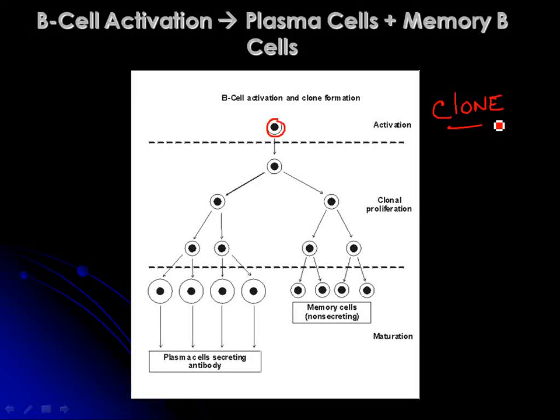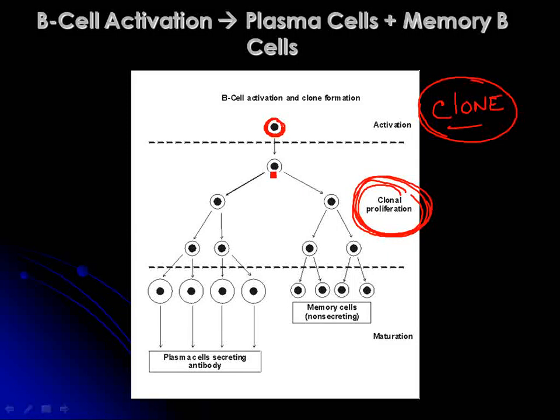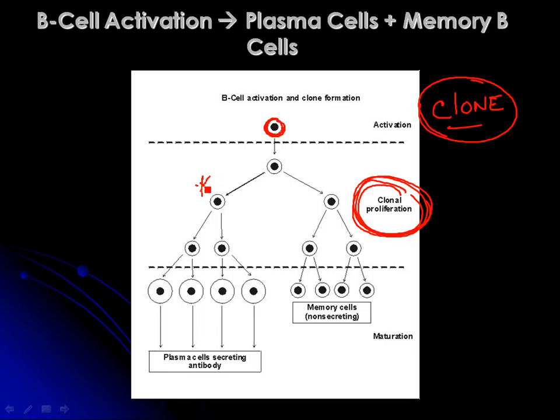Those are called clones. So we're saying you've only got one B cell around with a particular type of B cell receptor in it that binds to a particular epitope on an antigen. But you could have multiple copies of that same cell, and each of those would be considered to be a clone. So like here, when this cell gets stimulated and starts multiplying, they call that clonal proliferation. So that same cell is multiplying over and over again. You know, each of these is a clone of that original cell.